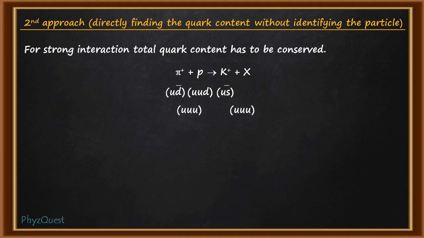To balance the strangeness, X should have an s quark, which can balance the s-bar. Again, the total quark content has to be conserved. We already have one u in the kaon quark content, so the remaining two u's have to be from X. So the quark content of X is u u s.